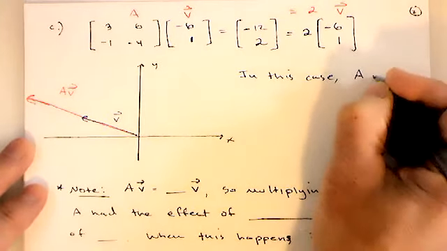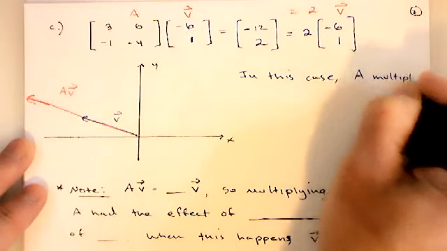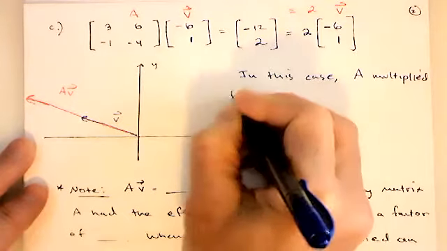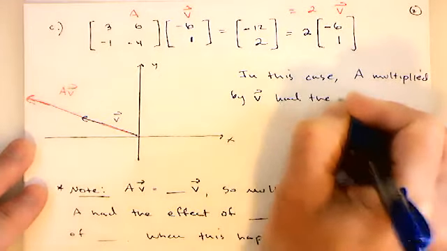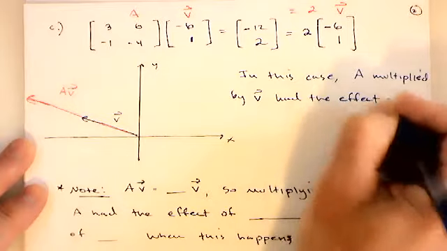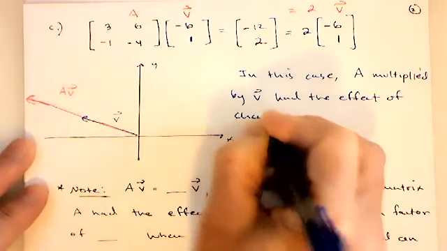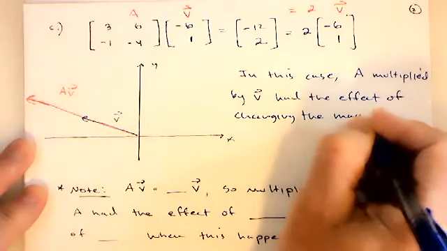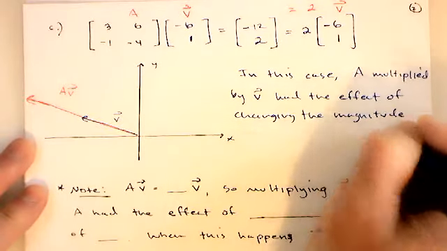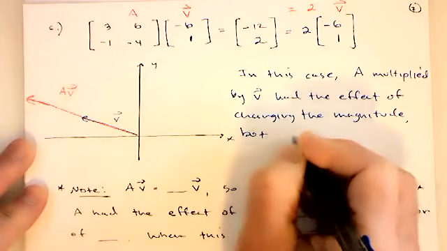A multiplied by v had the effect of changing the magnitude, but not the direction.